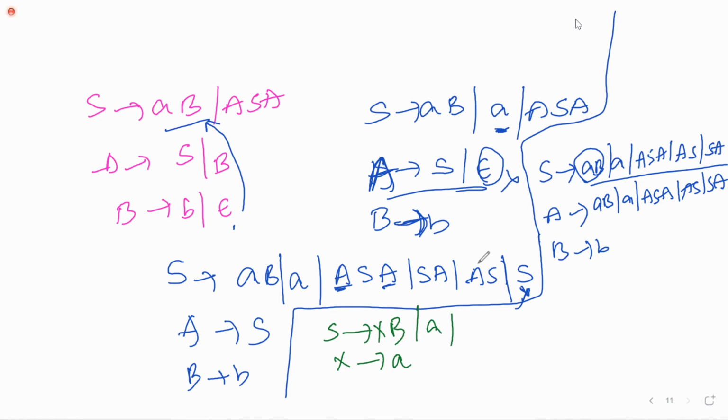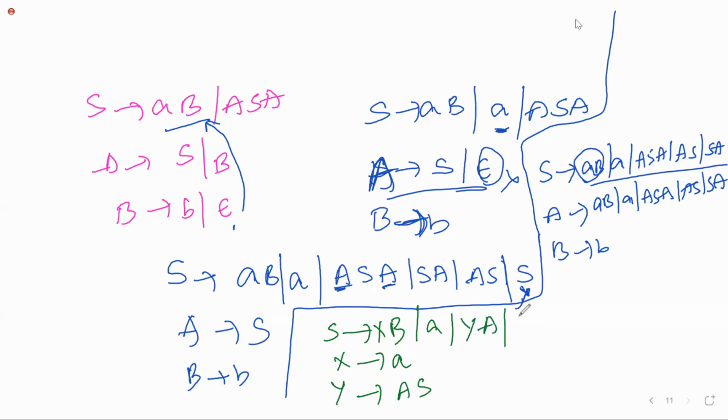Next, ASA. ASA means, how can we replace that? S tends to S, Y tends to, simply I'm writing AS. Can I write like this? Now you will get YA.